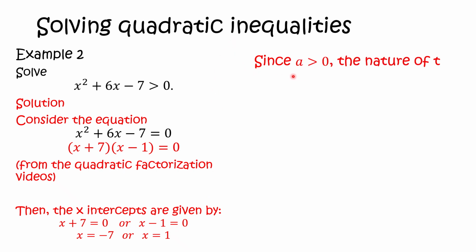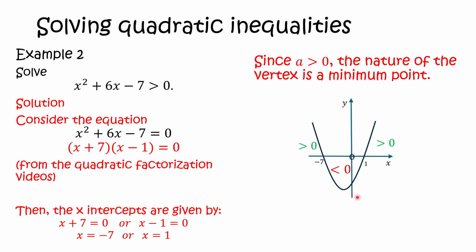And since the a is greater than 0, the a is the coefficient of x squared, by the way, the nature of the vertex is a minimum point, so that we have a curve of that particular nature.